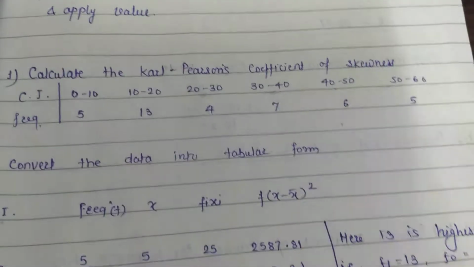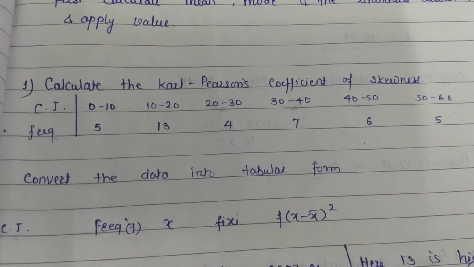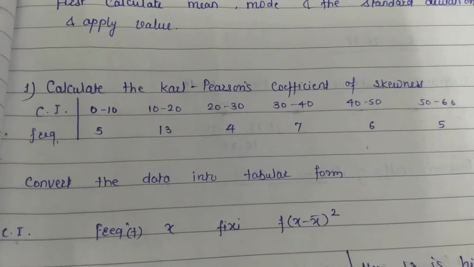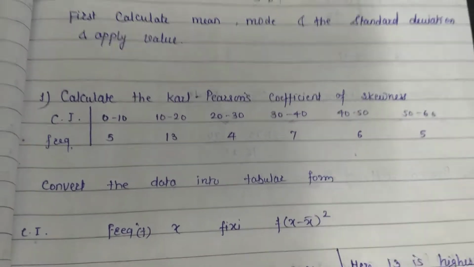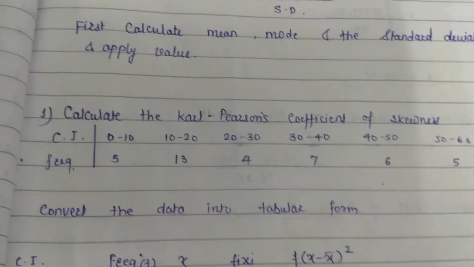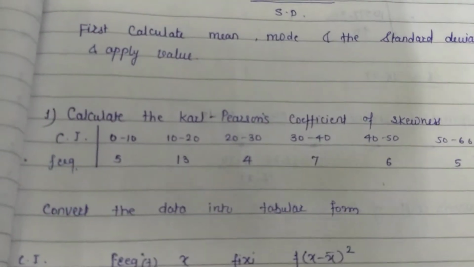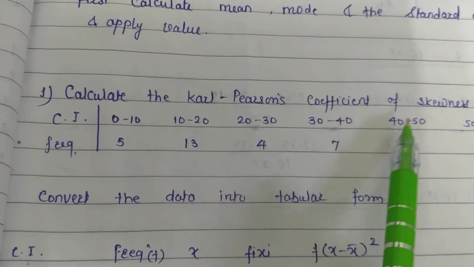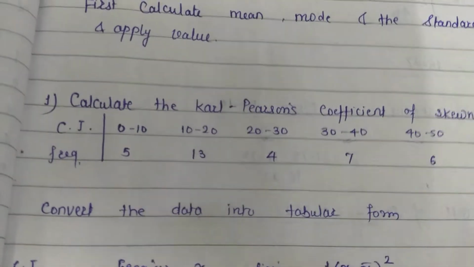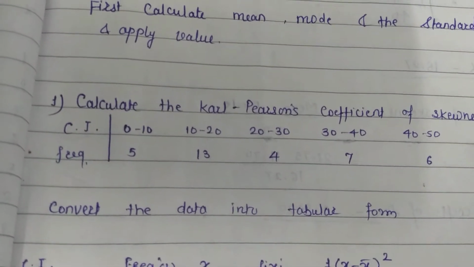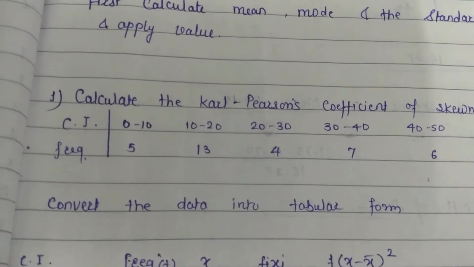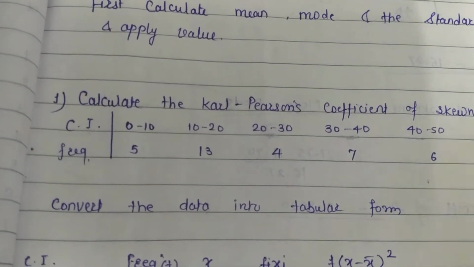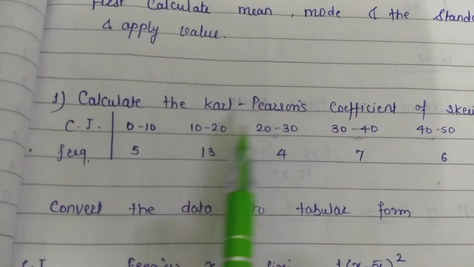Now here the data is given in class group form. As we are in higher classes, the data is always provided to you in group form. That means we are seeing Karl Pearson's coefficient of skewness for group data here. Whenever we consider group data, there are some things to check, that is, whether the classes are continuous or not.